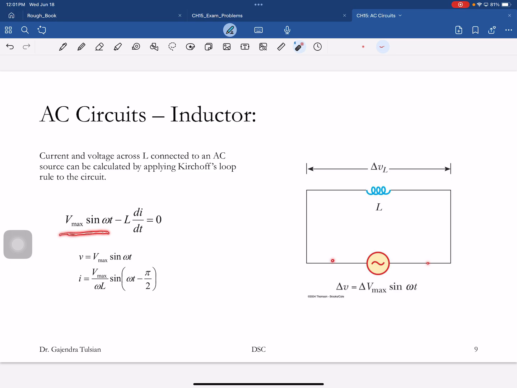There's that voltage across the source. And this guy, remember, he doesn't like changes in current. If the current is increasing in this direction, he'll produce a voltage in the opposite direction. So there is the voltage he produces. And there is the differential equation. This is easy to solve. So I works out to that.